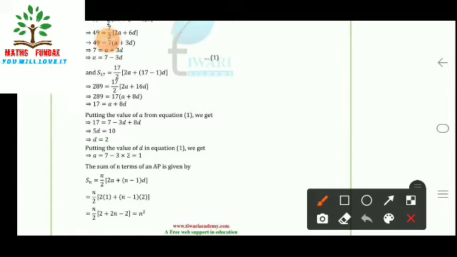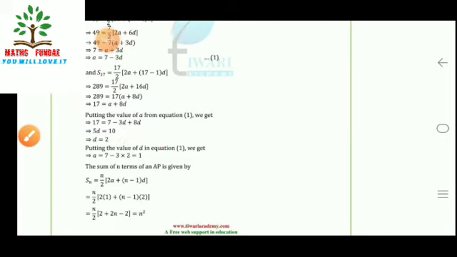Putting the value of a, we are getting 17 is equal to 17 minus 3d plus 8d, so d is equal to 2 is the answer. Then putting the value of d in equation number 1, we are getting the value of a, which is equal to 1. Now we have to find the sum of n terms. We know the formula Sn is equal to n upon 2 [2a plus (n minus 1)d]. Just putting the values here, n upon 2 [2 into 1 plus (n minus 1) into 2], that is n square is the answer.